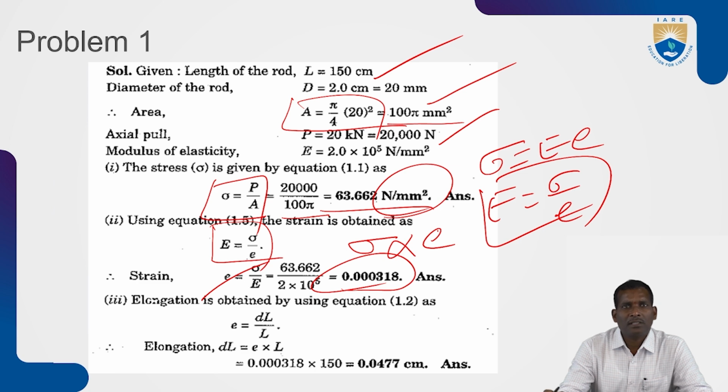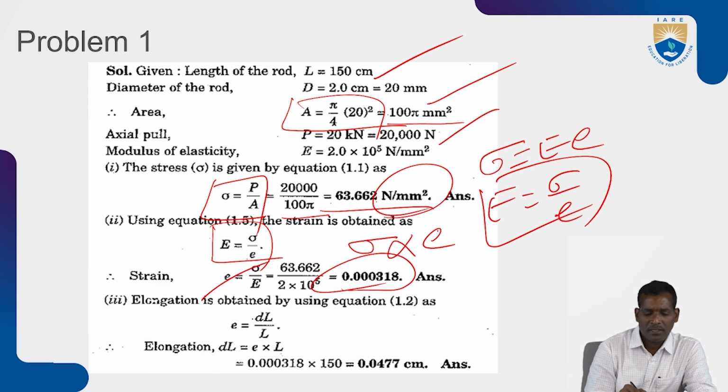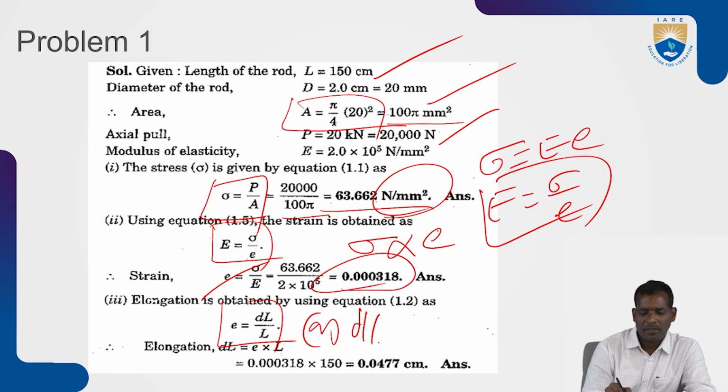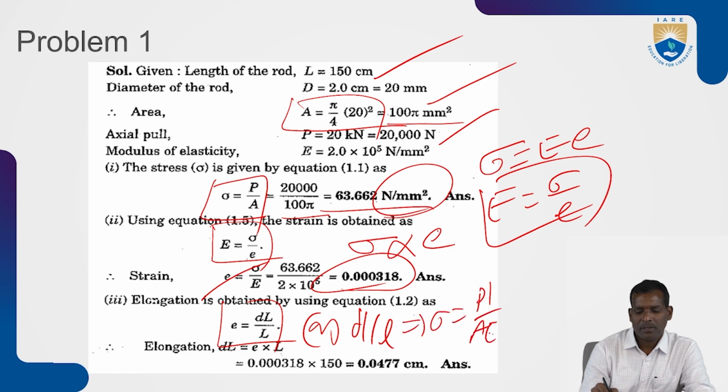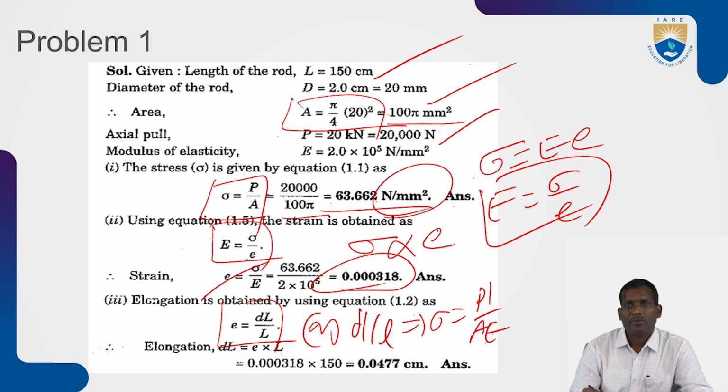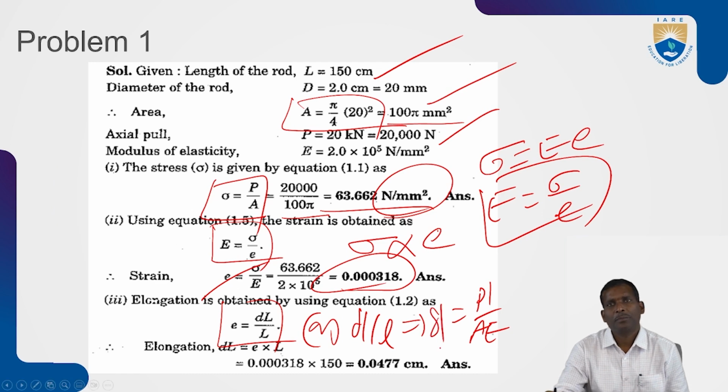Now the third one, elongation, is obtained by using the equation strain is equal to delta L by L. Otherwise, delta L is equal to PL by AE.